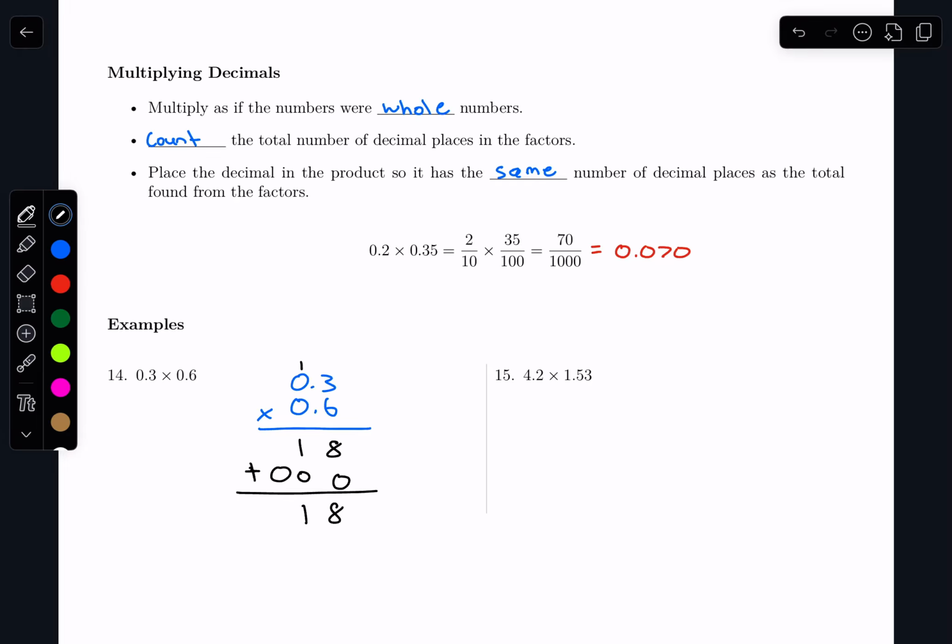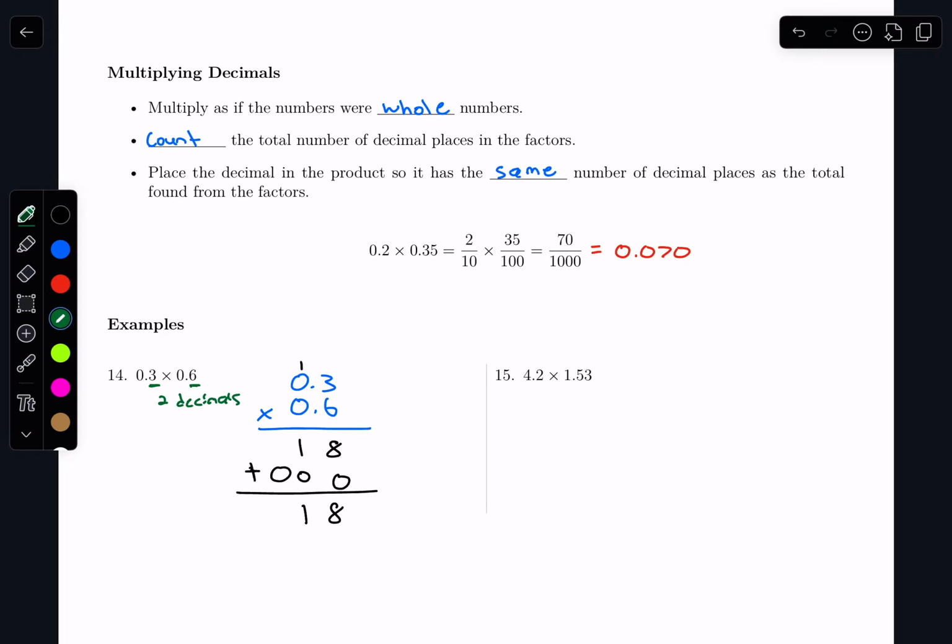Okay, but now the answer is not 18, right? We had 0.3 times 0.6. The answer is not 18. But if we count the decimal places in the original problem, we had one decimal in the first number and one decimal in the second number. So my solution needs to have two decimals.